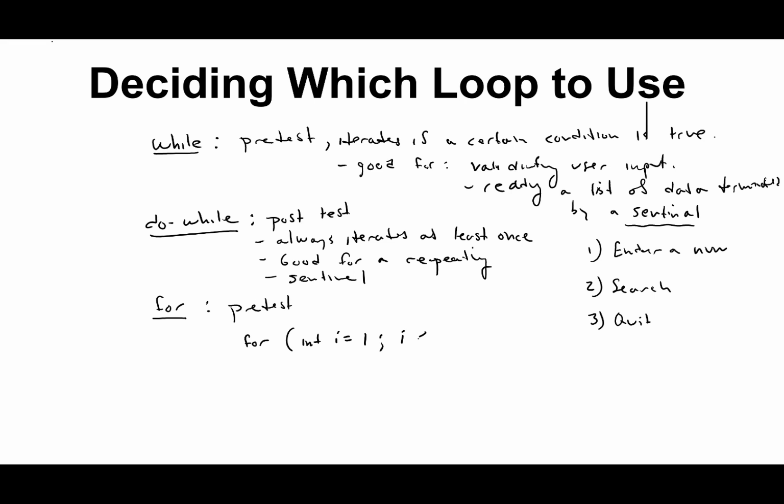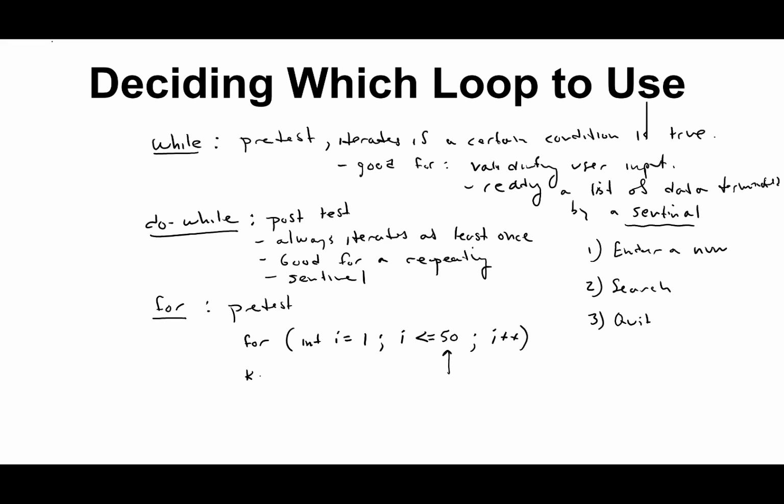And let's say we want to see if i is less than 50, and then i plus plus. So in this case, we know we want the loop to run 50 times. And so for loops are good for situations where you know the exact number of iterations.